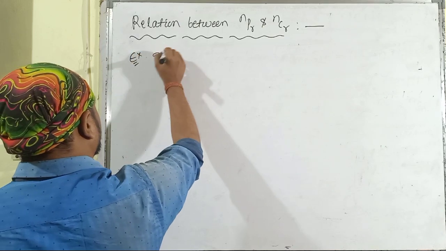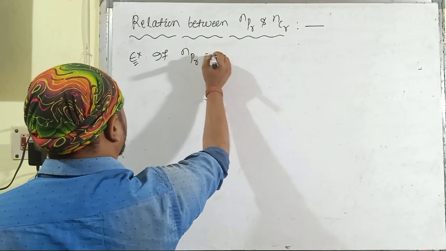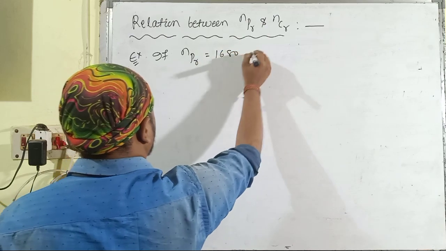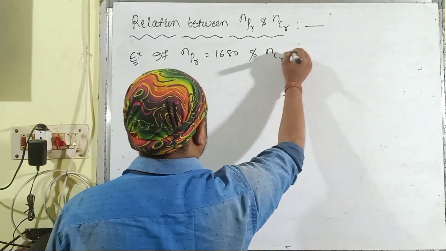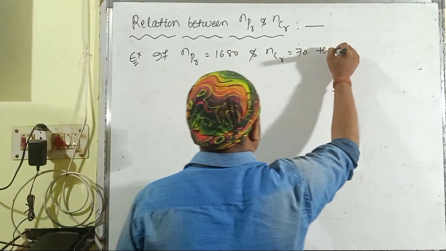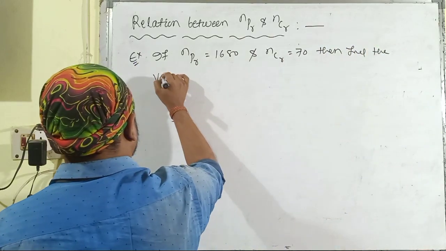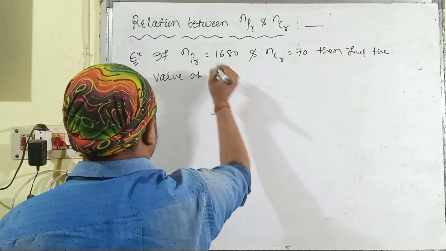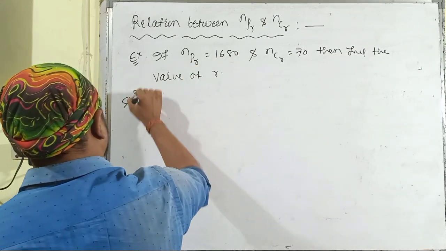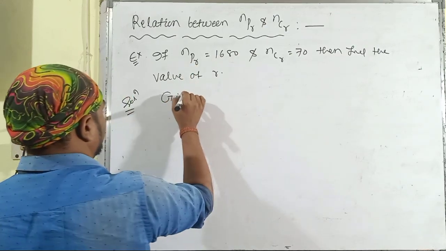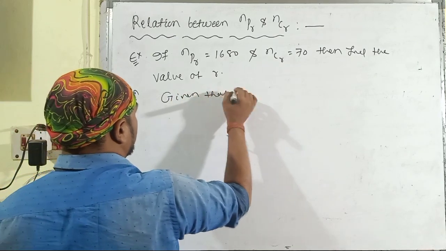Example: if NPR is equal to 1680 and NCR is equal to 70, then find the value of r. So here is the solution. First of all, let us go through the given data here.